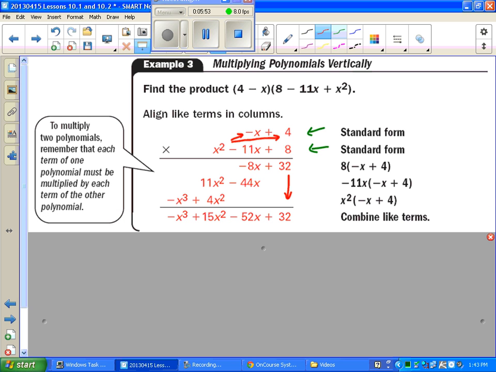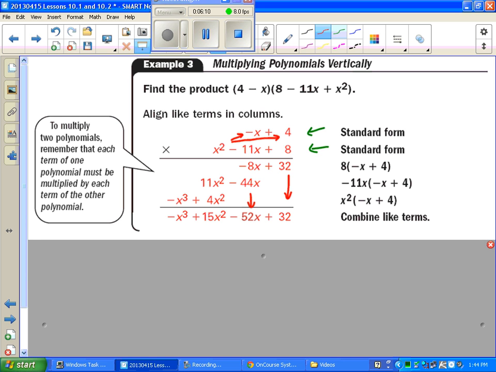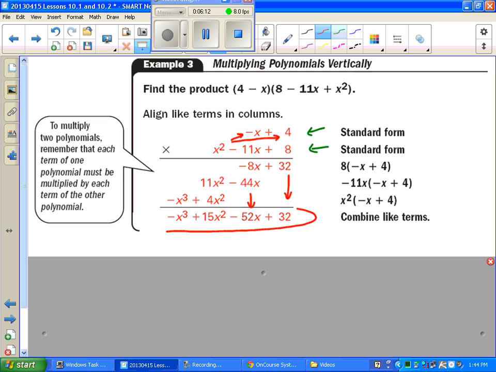Negative 8x minus 44x is negative 52x. 11x squared plus 4x squared is 15x squared, and negative x to the third power. Notice we have negative x to the third plus 15x squared minus 52x plus 32. All the like terms are combined, and this is, in standard form, a polynomial.